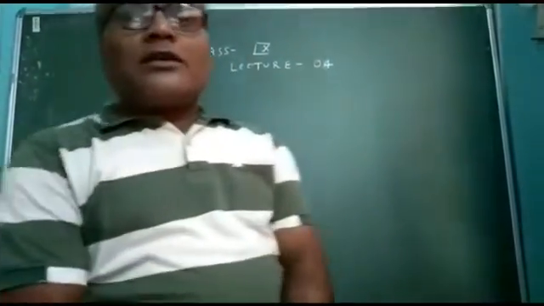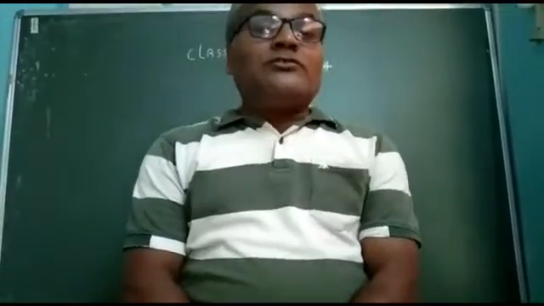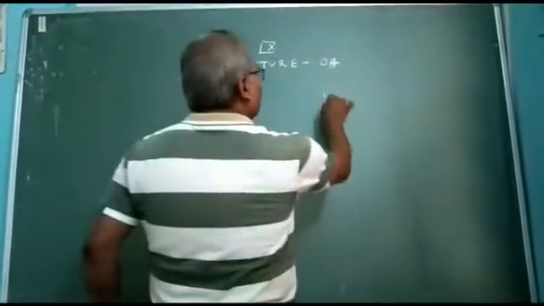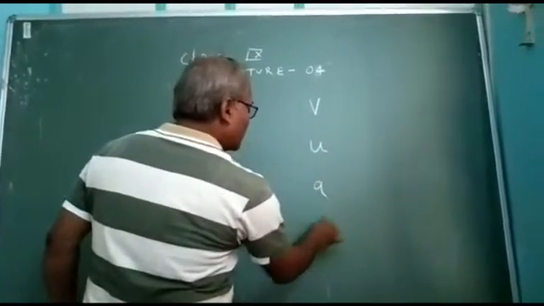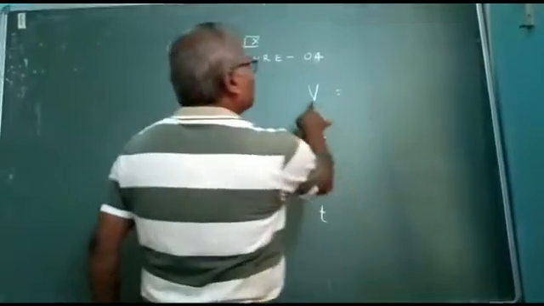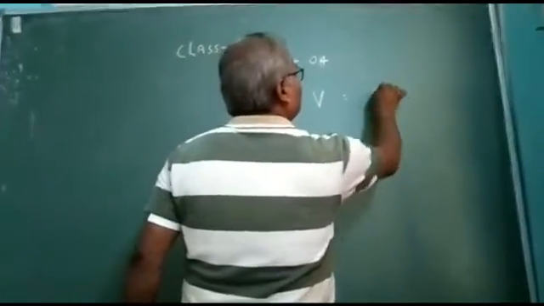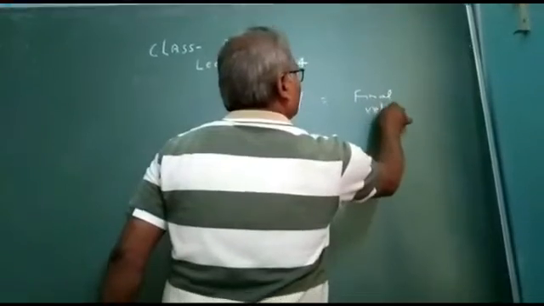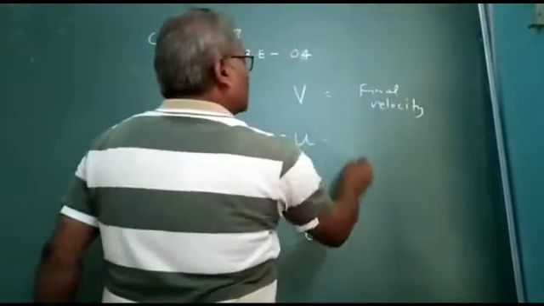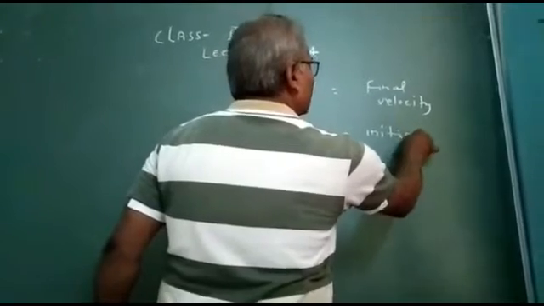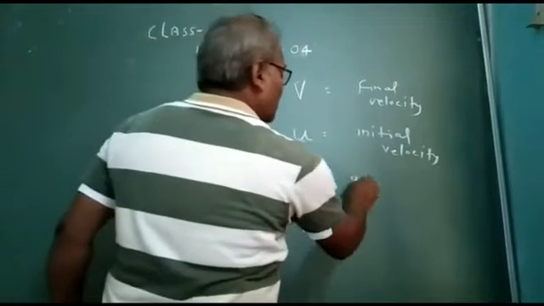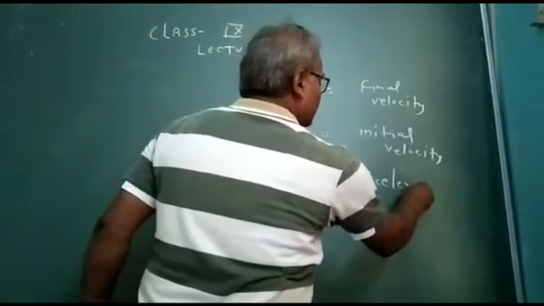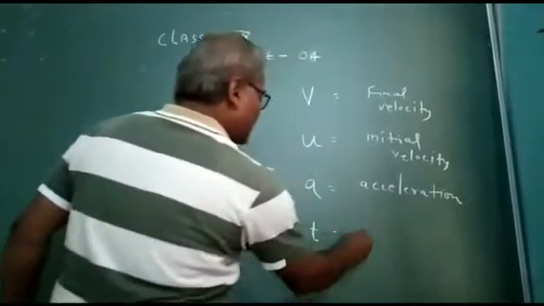My dear student, four algebraic letters are used here: v, u, a and t. v represents final velocity, u is initial velocity, a is acceleration, and t is time.